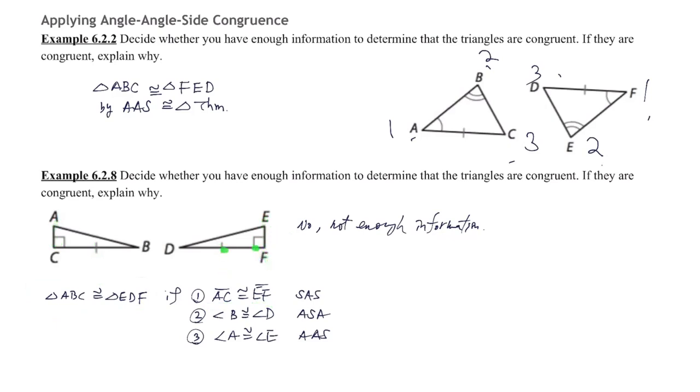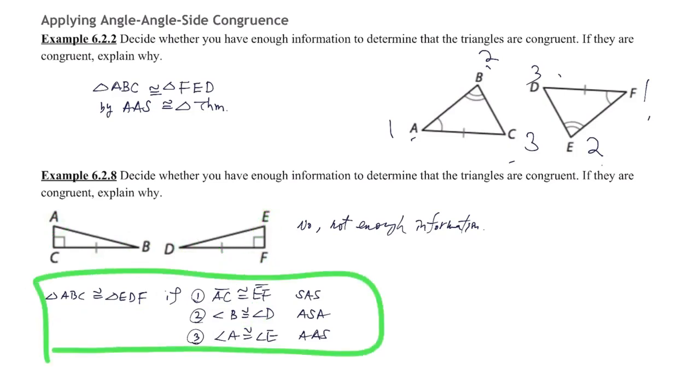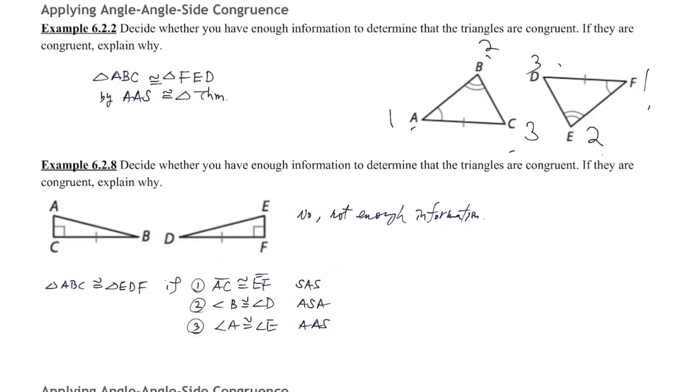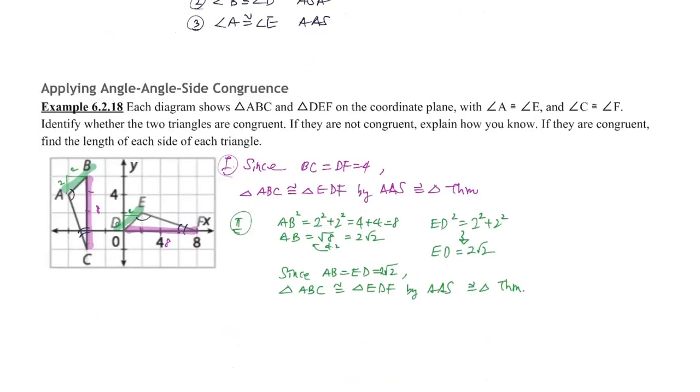Or if we had this right here, if B and D were the same, we'd have angle, side, angle. Or if we had E and A were the same, the angles, we'd have angle, angle, side, right? So if we don't have enough information, just knowing what we need to make it congruent is a good exercise to do.